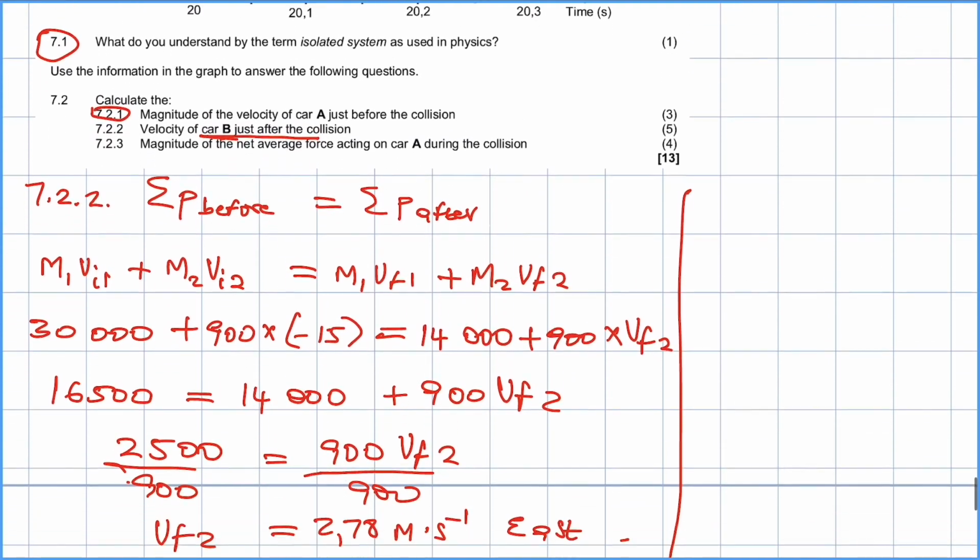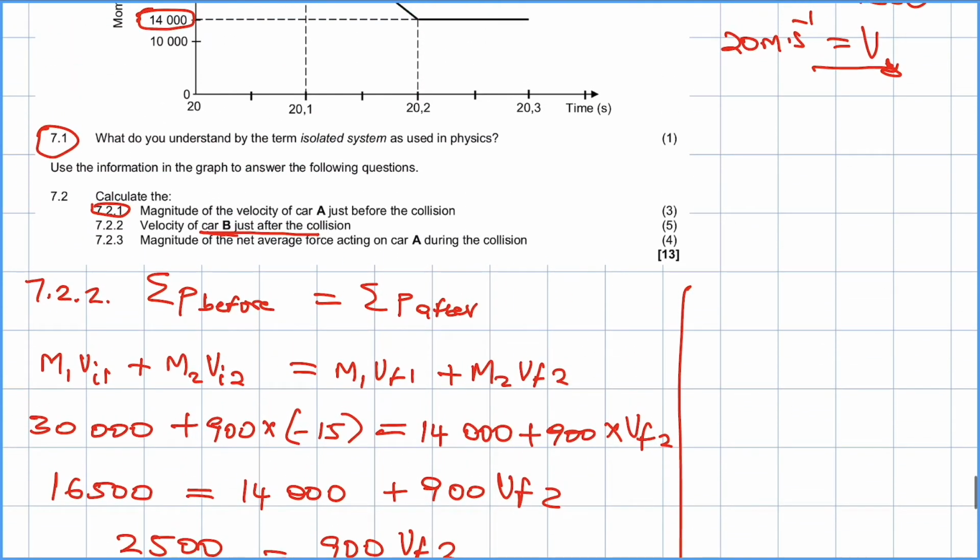Then the last question, question 7.2.3. Calculate the magnitude of the net average force acting on car A during the collision. So the net force will be what? F net is equal to the rate of change in momentum.